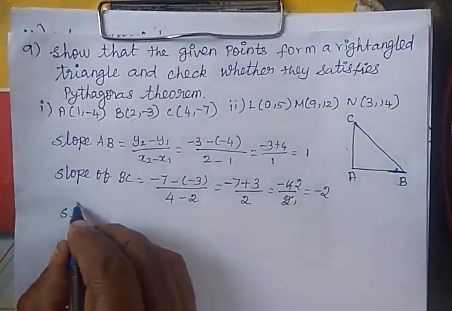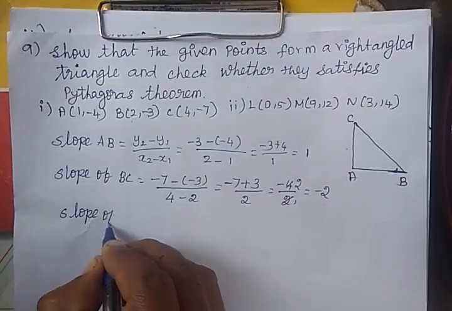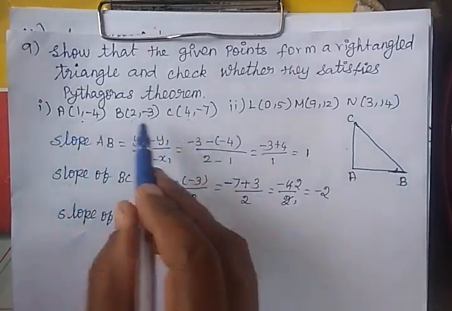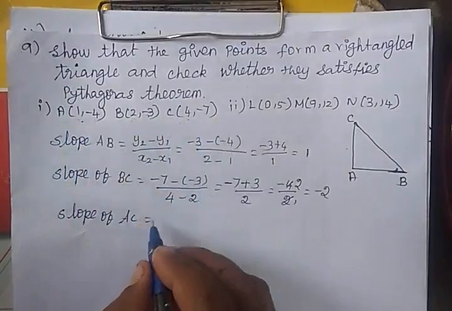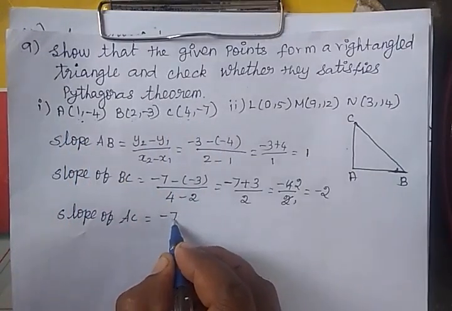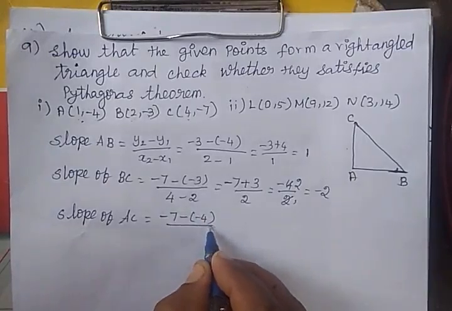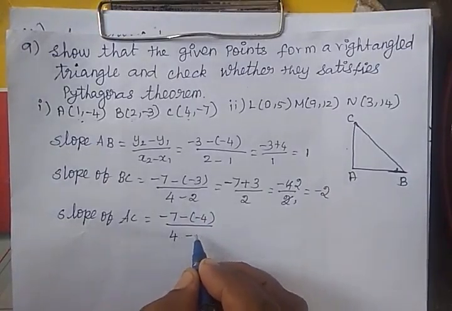Next, the slope of AC. The slope of AC is equal to, take the points A and C, x1, y1, x2, y2. y2 is -7, y1 is -4, x2 is 4, x1 is 1.